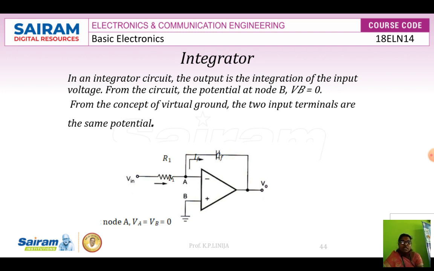In the inverting terminal, we have given the input voltage through the resistor R1, and the voltage at node A is represented as VA. Since VB is equal to 0, according to virtual ground, VA is also 0.